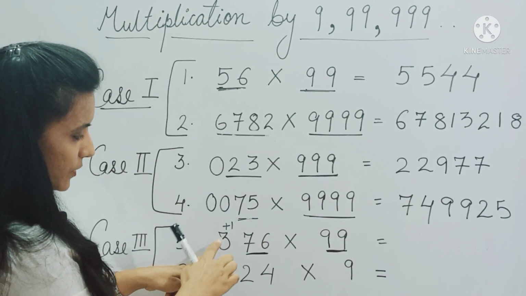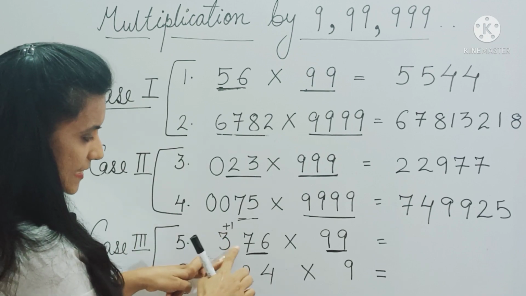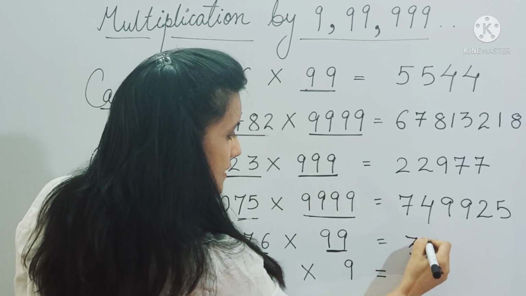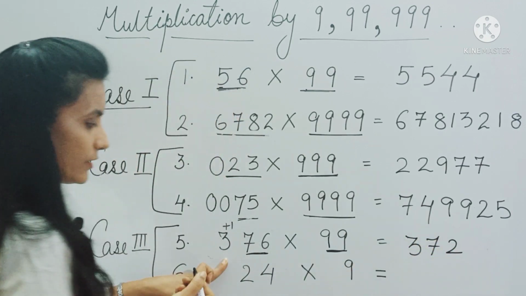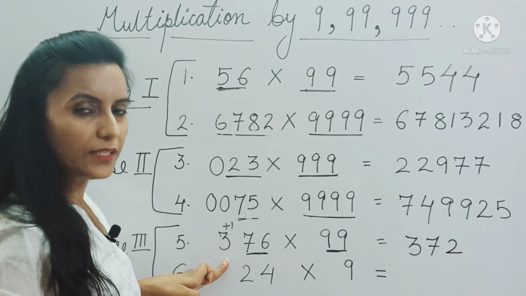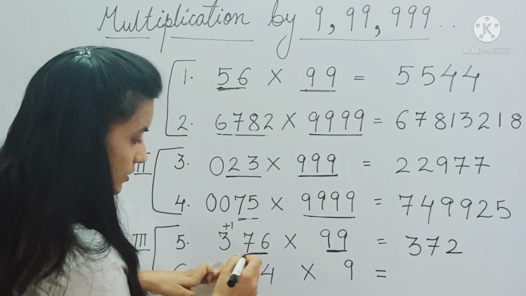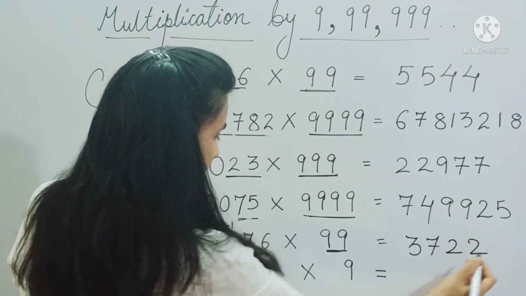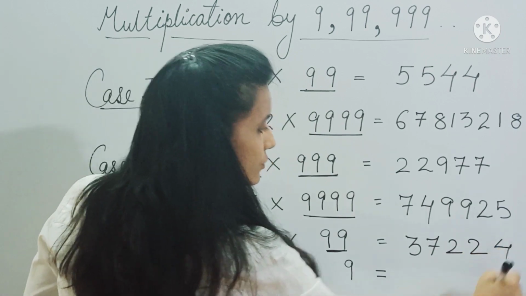So here 3 plus 1 is 4. Now 376 minus 4 will give you 372, and then again apply all from 9 last from 10, but only to the underlined digits, right? So 7 plus 2 gives you 9 and 6 plus 4 gives you 10.